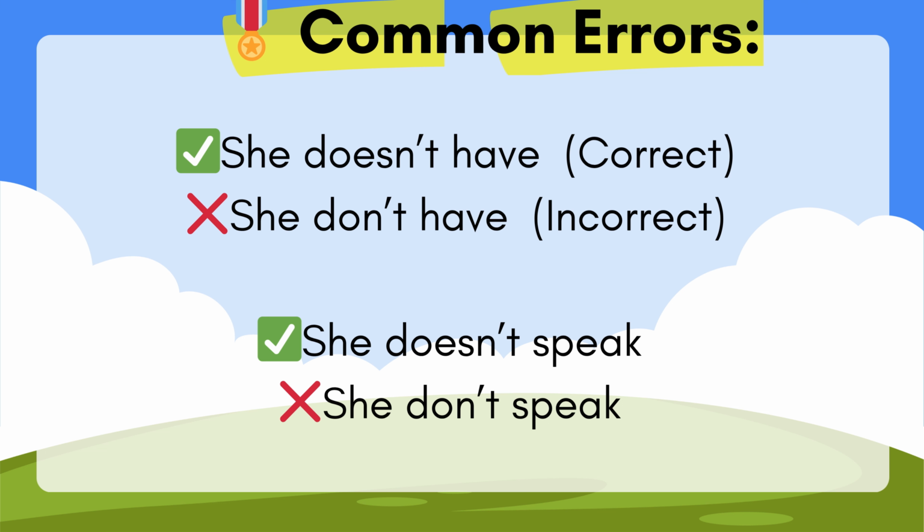Do does not agree with the singular subject she. Similarly, she doesn't speak is correct. She don't speak is incorrect because she and do do not agree. That is it.